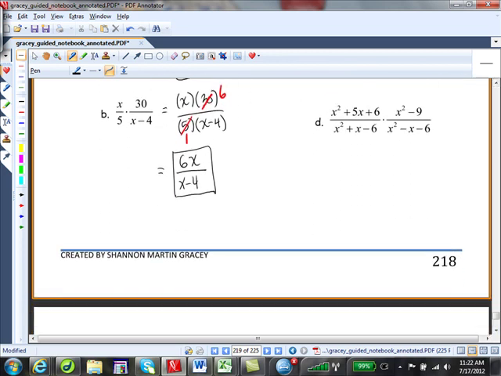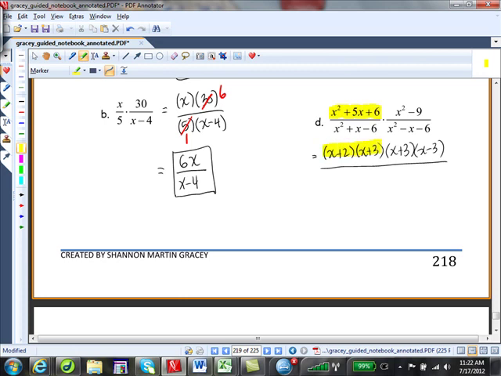I'm going to go a little bit more quickly in the factoring. I'm going to factor by trial and error. If you need to do the x's, that's fine. The first numerator factors as x plus 2 times x plus 3. The second numerator is a difference of squares, so we'll get x plus 3 times x minus 3. Let's match up what we've done so far.